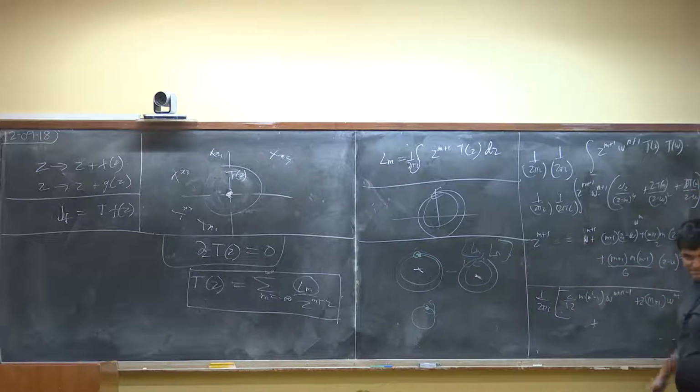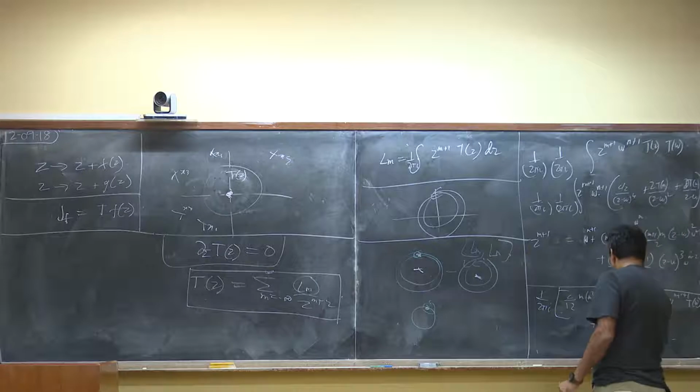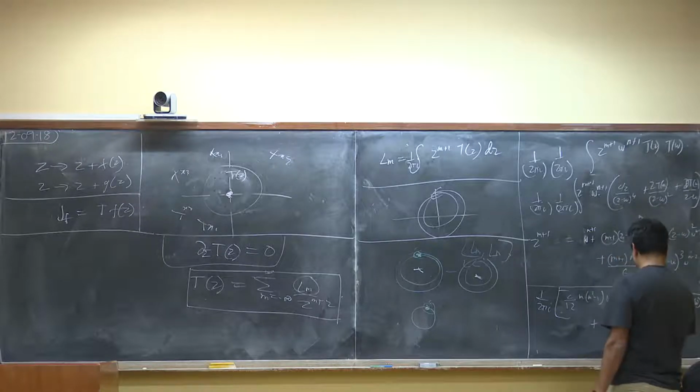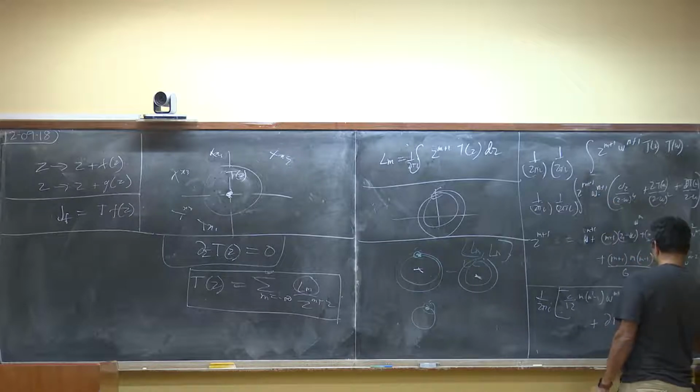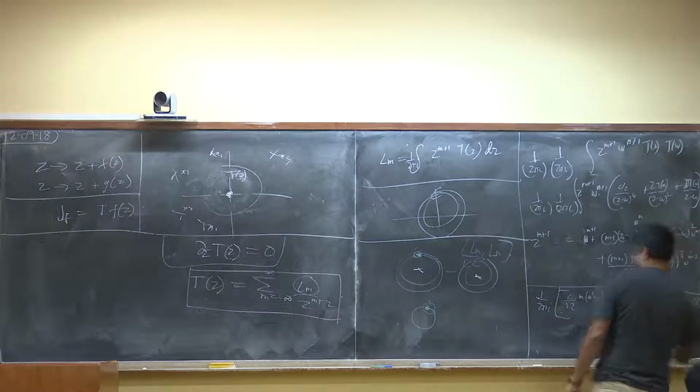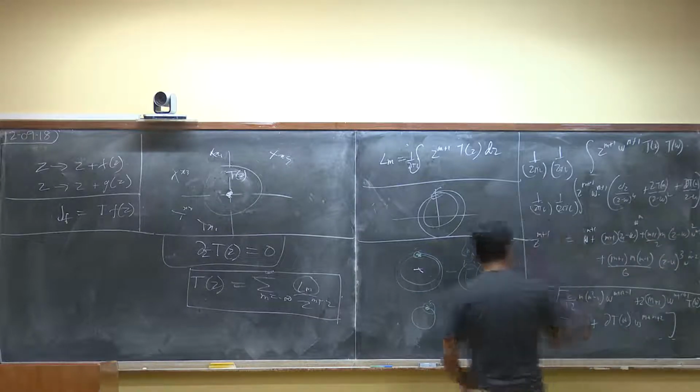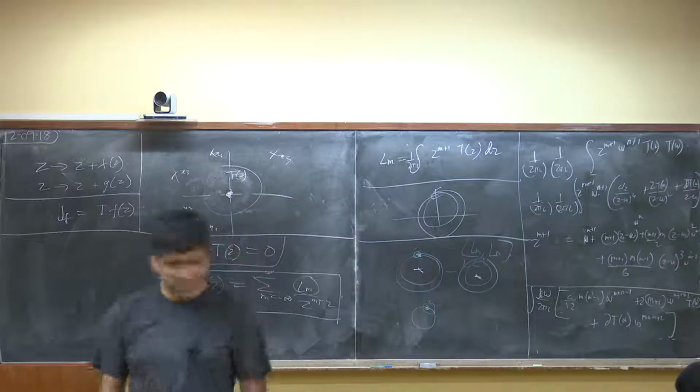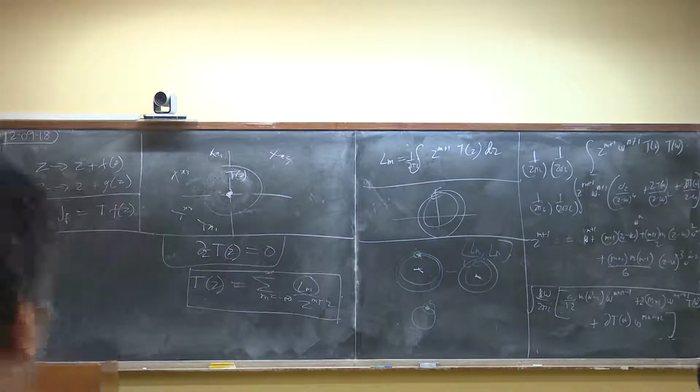And then there is the last term, which used no Taylor expansion at all, but came from this guy. So there was a plus del T of w, and w to the power m plus n plus 2. All of these things have to be integrated dw. So that's the answer for this commutation relationship.